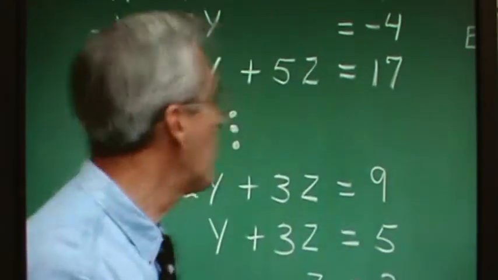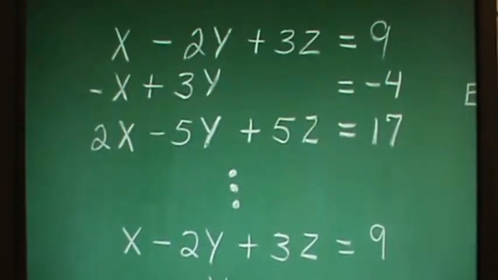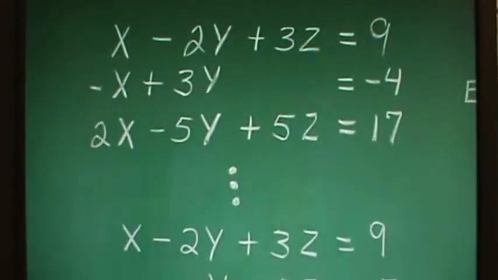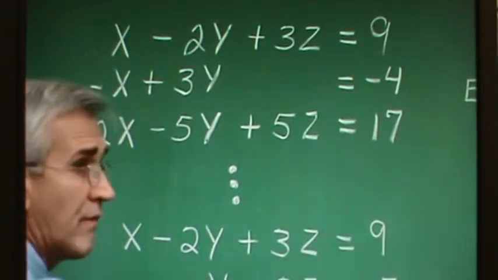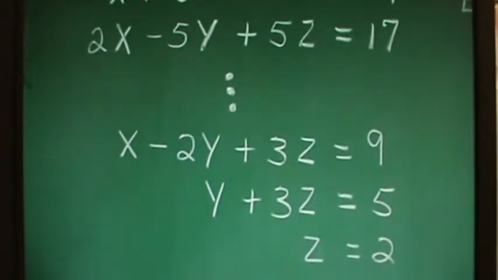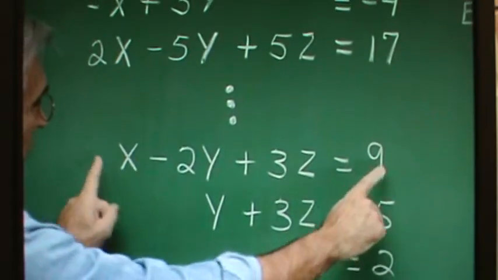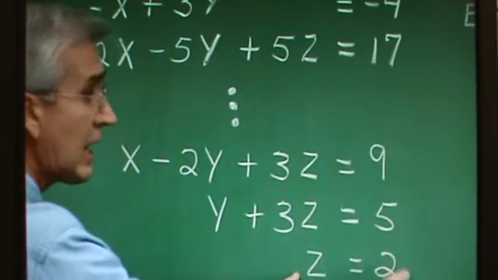Okay. Here's what we want to do. We want to take this system of three equations and three unknowns, and we're going to go through a manipulative process, and we're going to change it into another form of three equations, a form where we can back substitute easily. Now the form we'll come down to is this form. Notice the third equation is simply z equals 2.